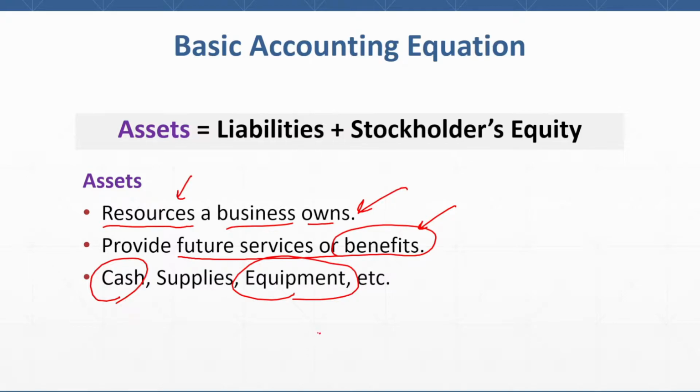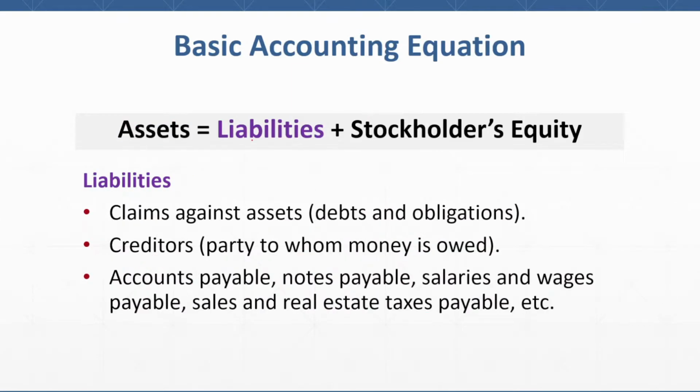These are things that you own and you can use to make money in your business. These are called assets. Other examples are buildings, land, vehicles. These are all examples of assets. Inventory is another one.